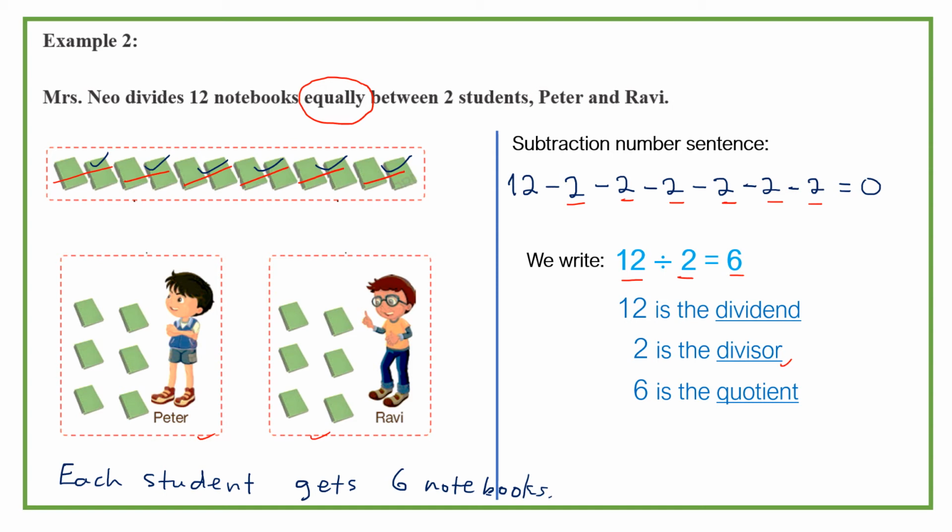Dividend. Divisor. Quotient. Okay? So, quotient is the result of division, or the answer that you get after dividing.